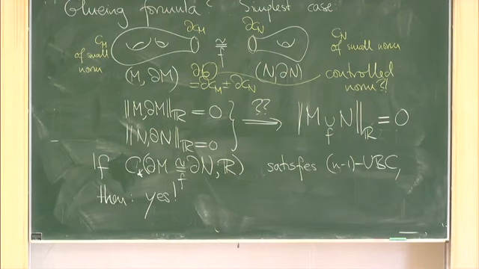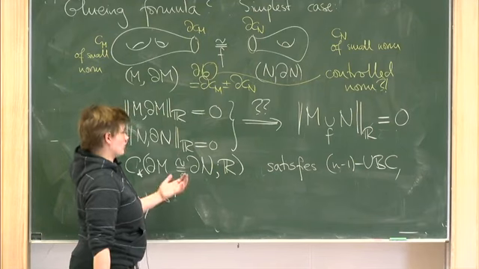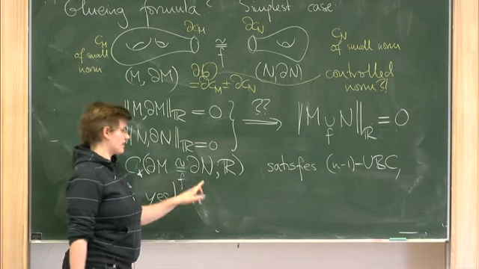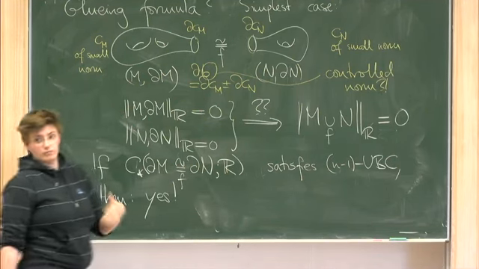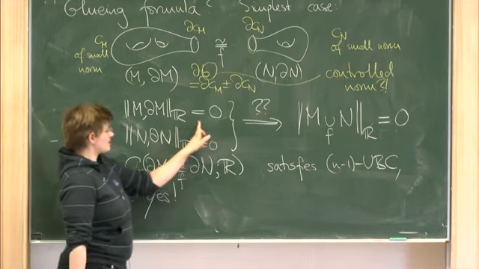For example, we learned already that at least in the case of groups, if you have an amenable group, then you always have UBC. And this in fact also holds for spaces. So if you have a boundary manifold and the fundamental group of that thing is amenable, then you will have UBC, and then you can glue in this way. Let me just mention that this is really the simplest case of gluing.